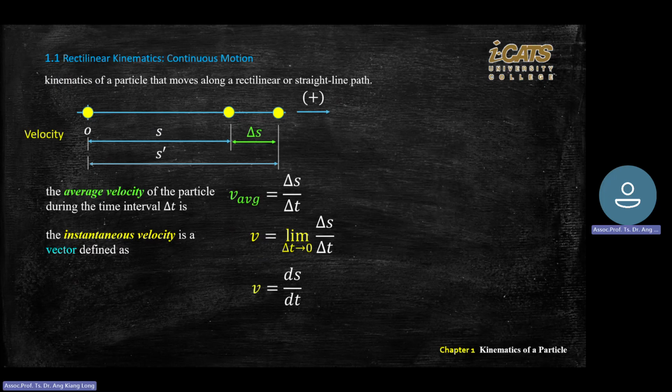When you use the limit, the delta becomes d. Delta is very difficult to measure, but with a limit you can have a measurement, using d of something. This is a differentiation. If you have the S equation, you can differentiate with time, like dy dx. If y is S and x is time, then dy dx becomes ds dt.